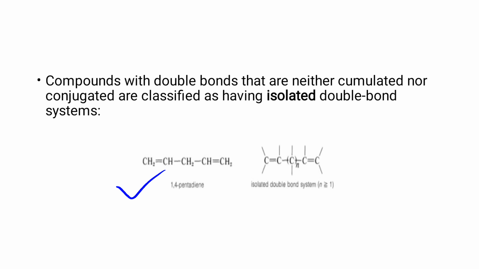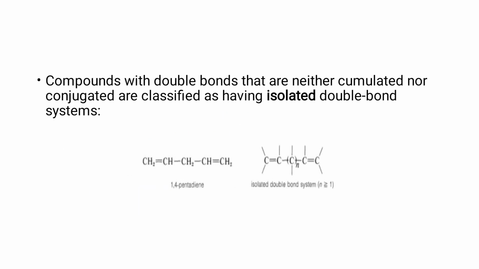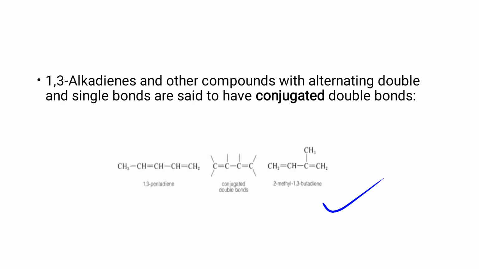That is isolated. Double bonds are separated by two or more single bonds; therefore, it is known as an isolated double bond.